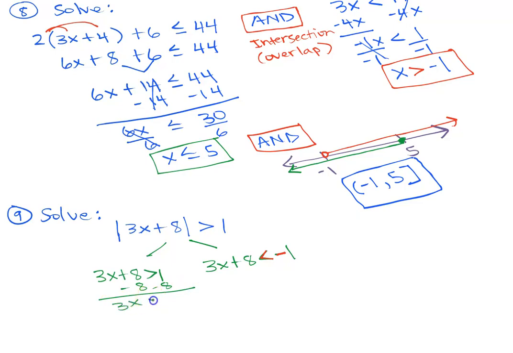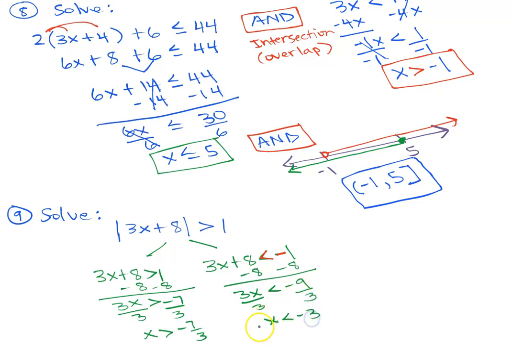We get 3x is greater than -7, and I'll divide by 3. So x is greater than -7/3. Then here I'm going to subtract my 8 over, and I get 3x is less than -9. Divide both sides by 3. x is less than -3.